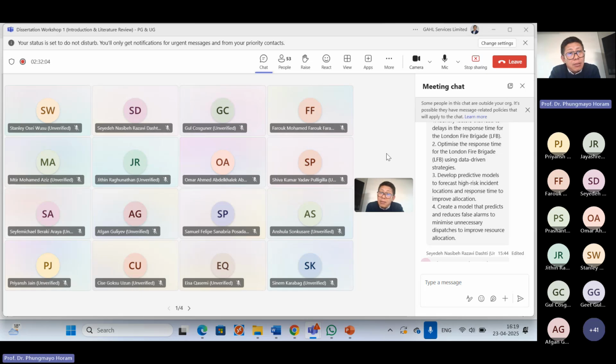So the next workshop would be by our colleague. He would be talking about the methodology for collecting and analyzing the data, both qualitative and quantitative.